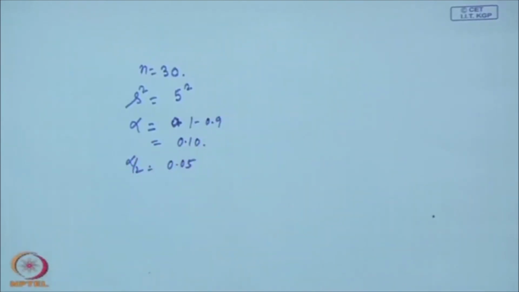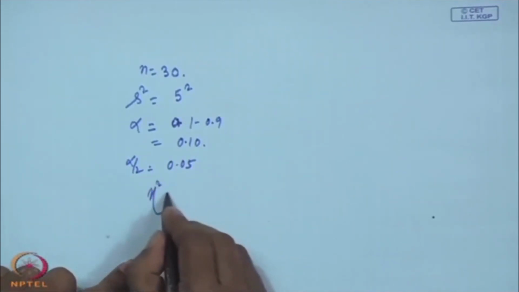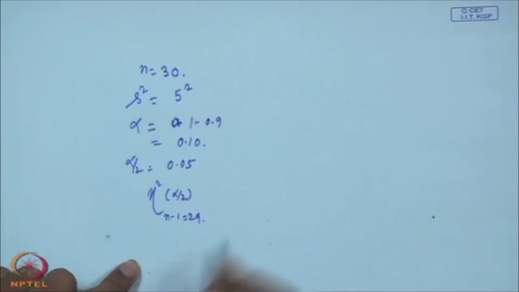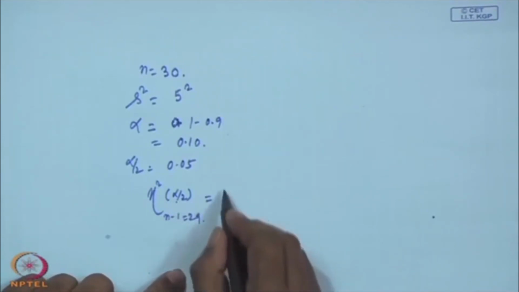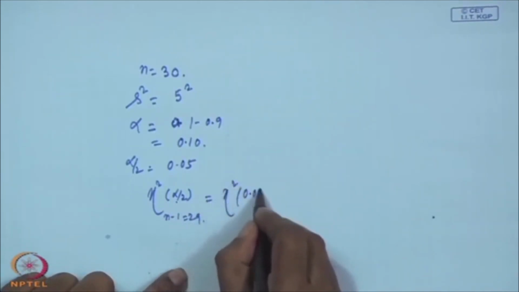You want to calculate two chi-square values: chi-square alpha by 2, n minus 1, where n is 30, that is 29, and alpha by 2 is 0.05, so chi-square 0.05, 29.